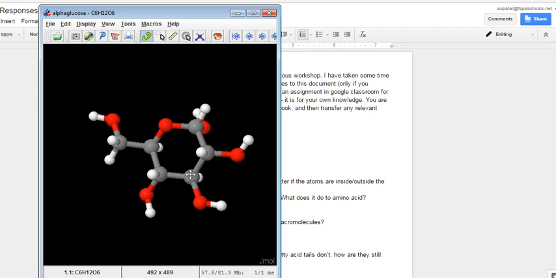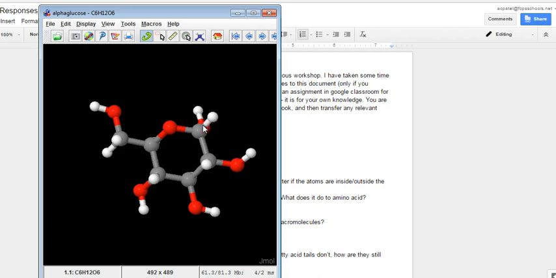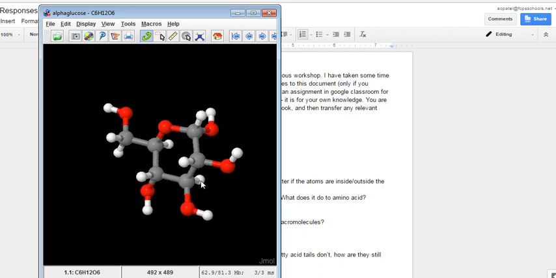This is carbon 2, 3, 4, 5, and 6. But carbon 1, let's say, has a hydrogen shooting off this way, and an OH going in the opposite direction. OH is over here, and then hydrogen over here, OH over there, and hydrogen pointed backwards.